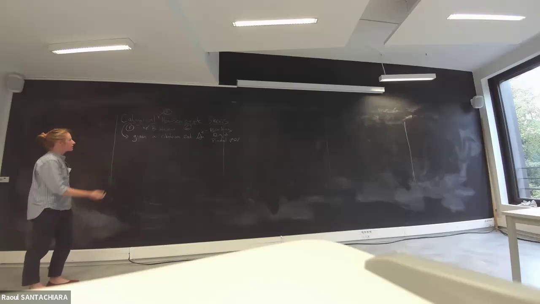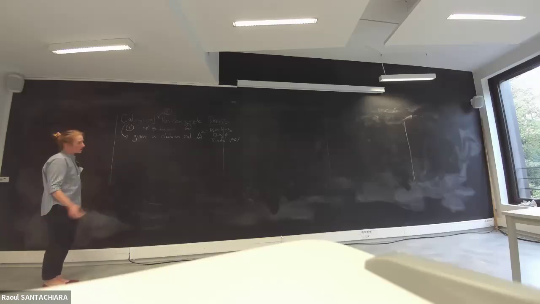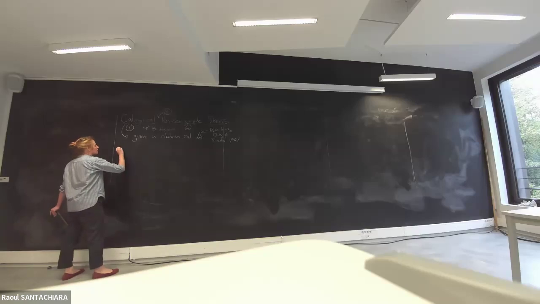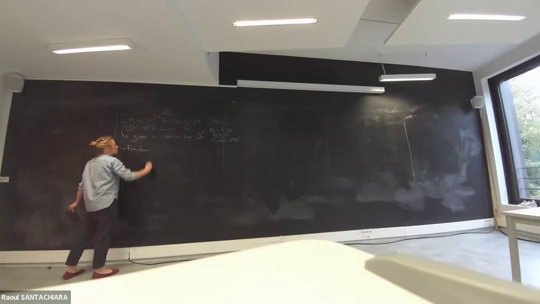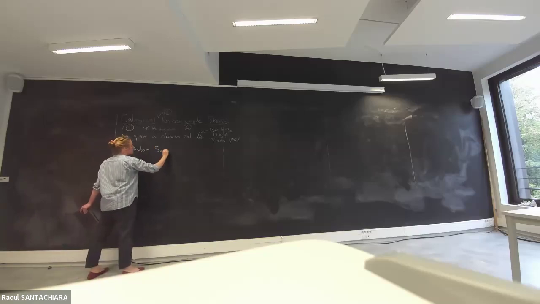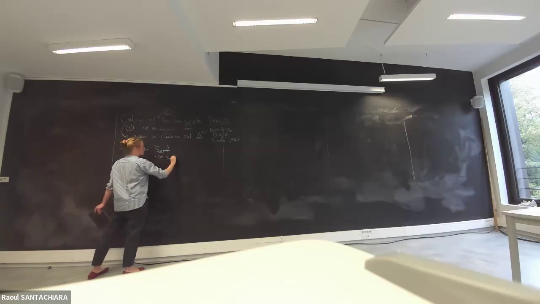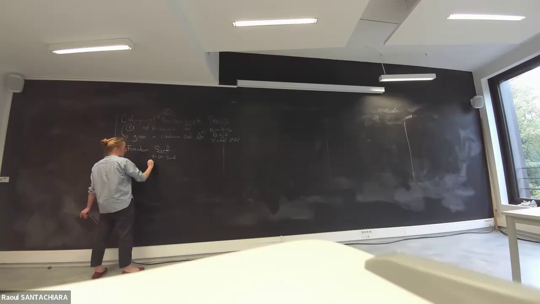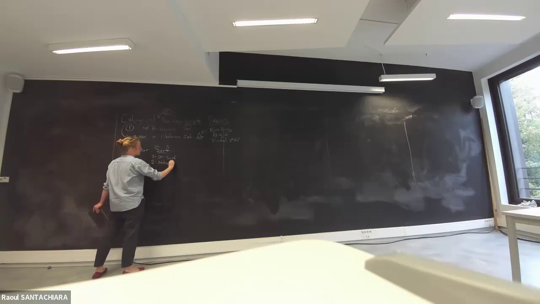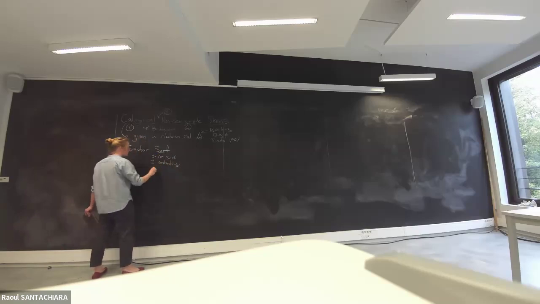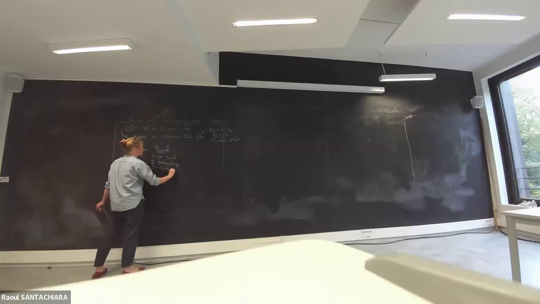So given such a thing, I can construct a few nice things. I can construct a functor from some category of surfaces, which has as objects oriented surfaces. The morphisms are going to be embeddings, also oriented, and then the two-morphisms are isomorphisms of those.